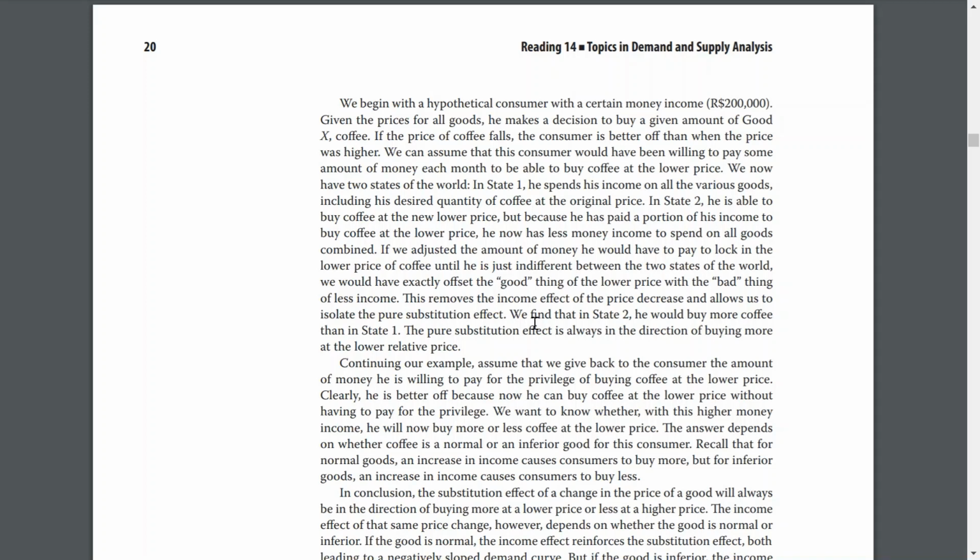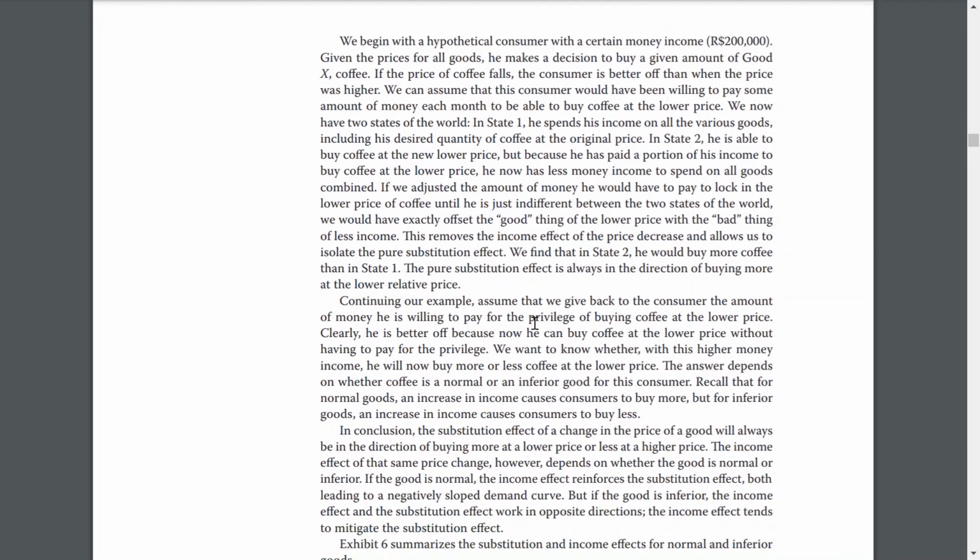In state one, he spends his income on all the various goods, including his desired quantity of coffee at the original price. In state two, he is able to buy coffee at the lower price, but has paid a portion of his income to do so. He now has less money income, cash money, to spend on all goods combined.